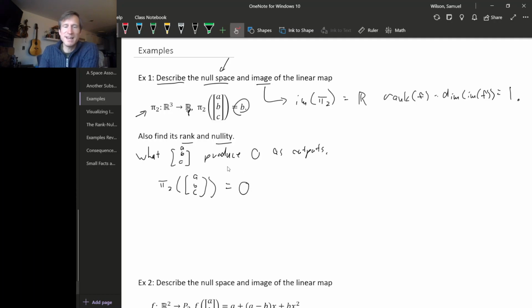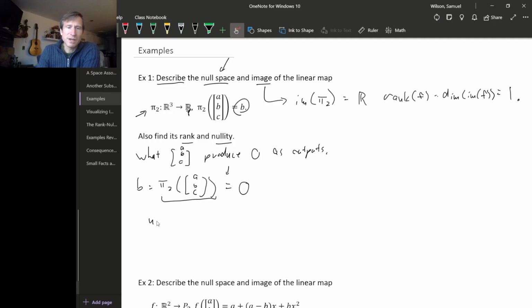What we're really asking about is what are the solutions to this equation. In general, this is going to be some system of linear equations, but for this particular example, it's pretty straightforward because this side of the equation, pi sub 2 of a, b, c, is just b. So we need b to be 0, and a and c can be anything, evidently.